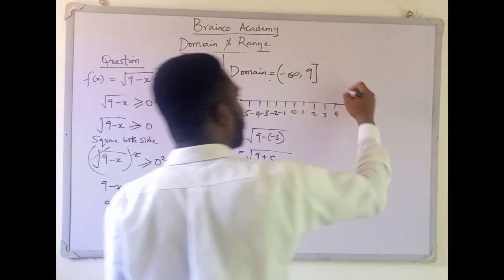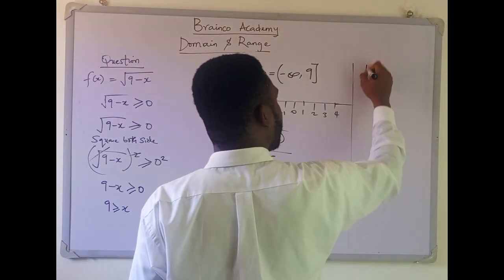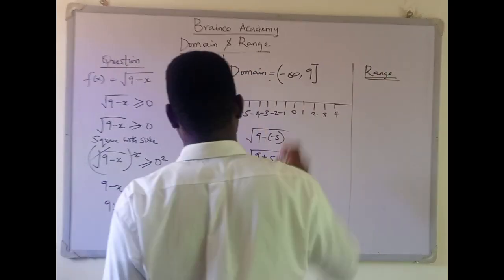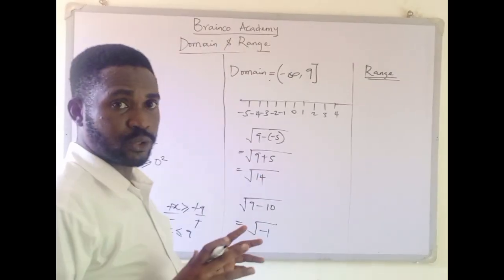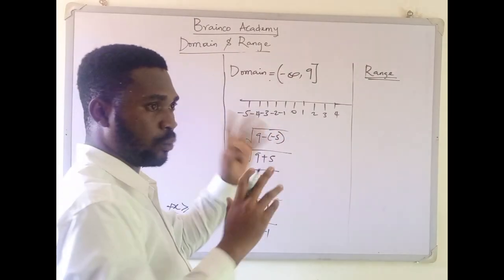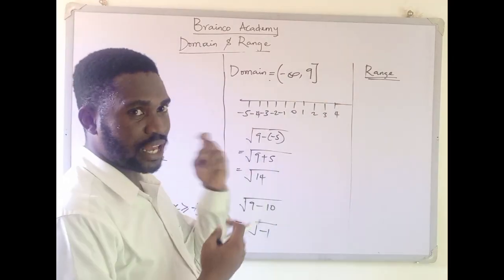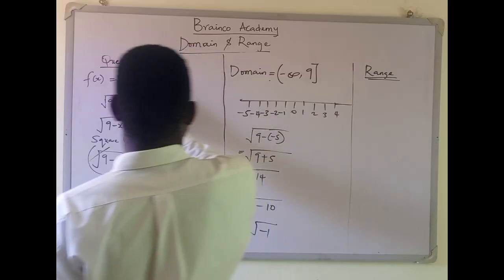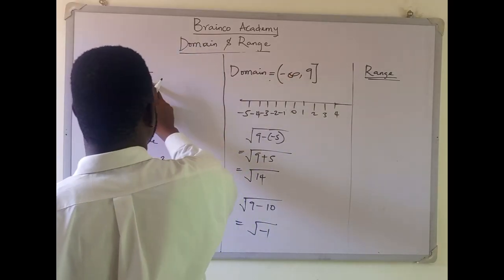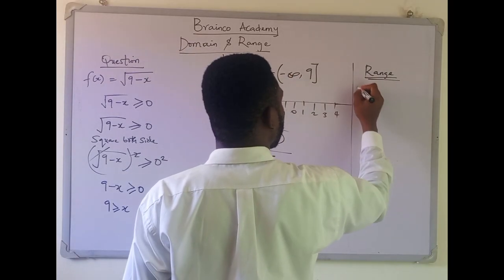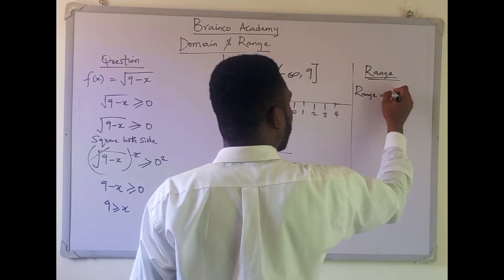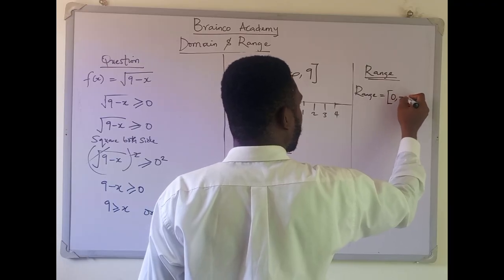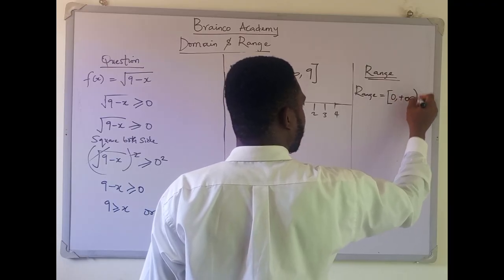Let's see the range. We said the range is all output values. When you put in the values, the output that you get, that's the range. So when we put in any number from negative infinity up to 9, we can have an output, and the range is from 0 to positive infinity.